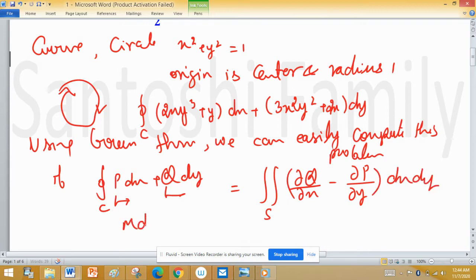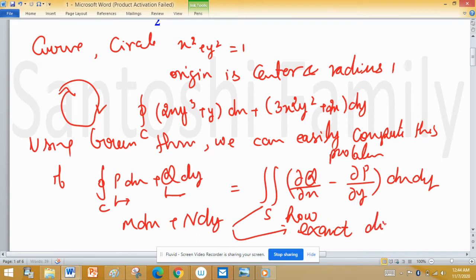As M dx plus N dy, it is somehow the same as in exact differential equation. Somehow, not exact, but you can understand Q with x and P with y.